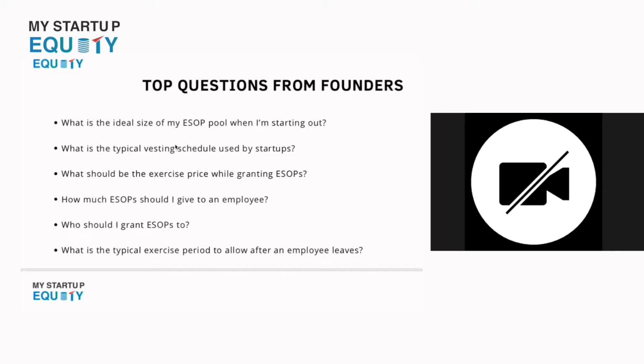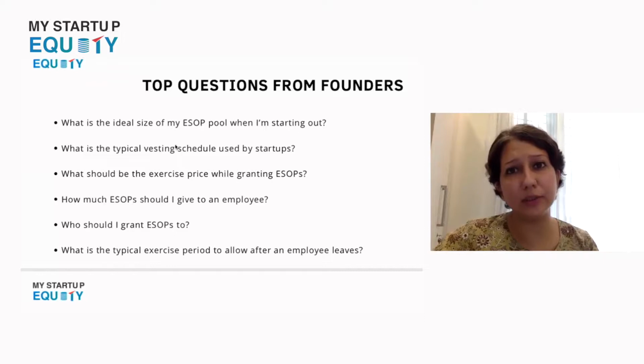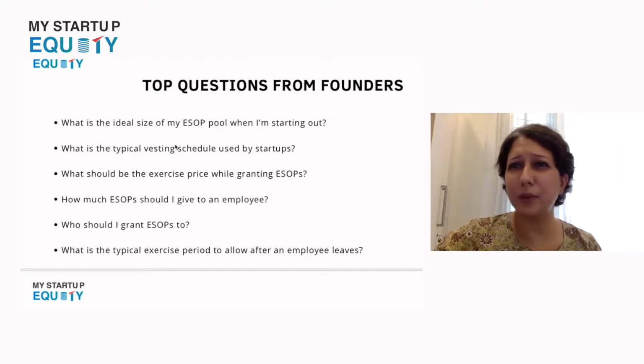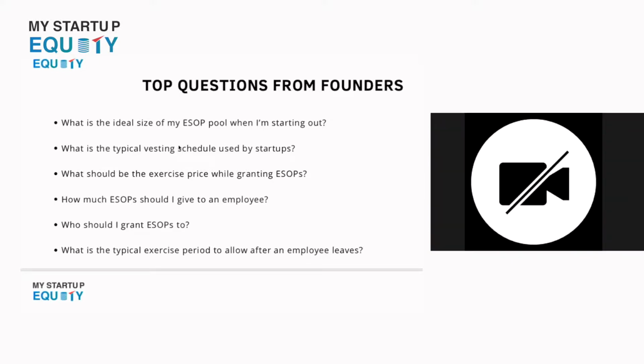We had created an ESOP pool, but the policy is not in place. Can I issue grants post creation of the ESOP pool, or can it be issued only on or after the creation of the ESOP policy? Pratyush, you want to take this? Yeah, sure. You have created the ESOP pool, but first you have to get the ESOP scheme document done.